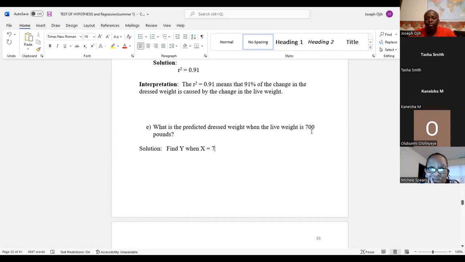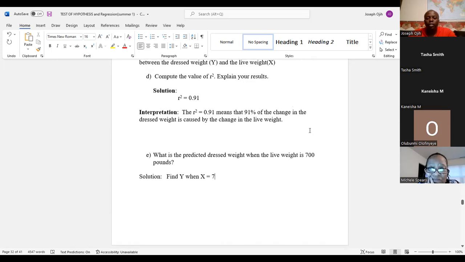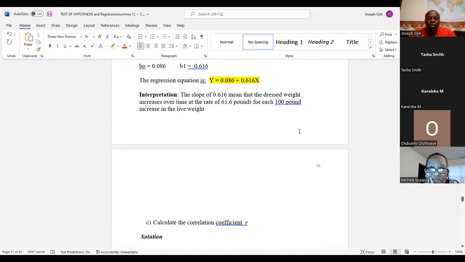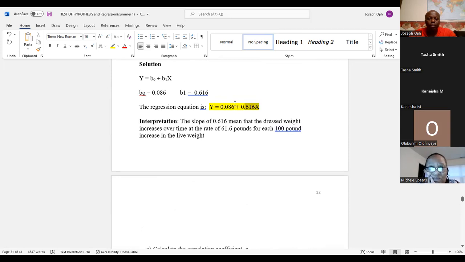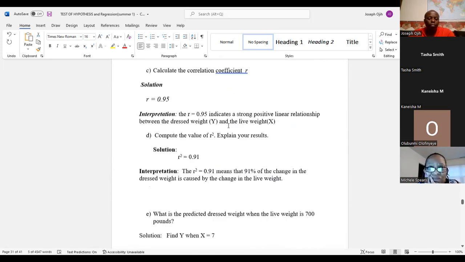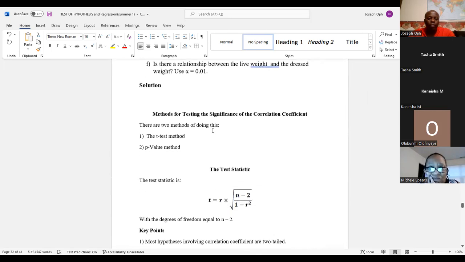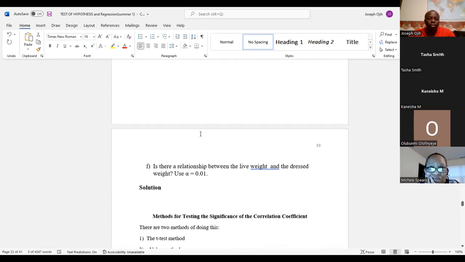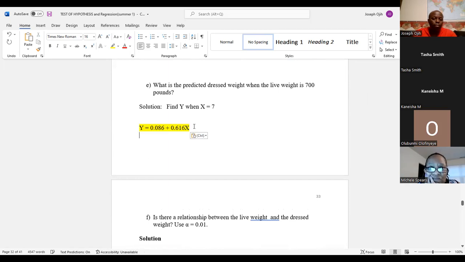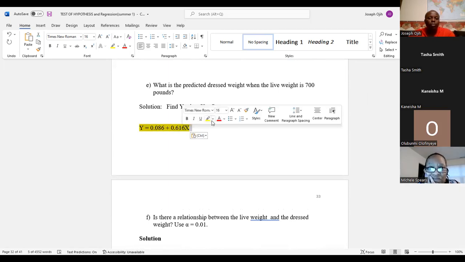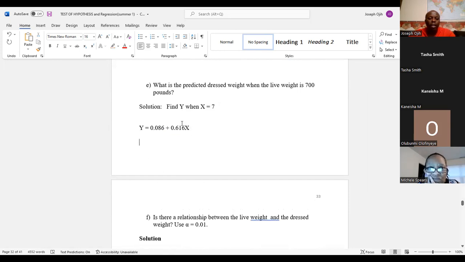To do that, you're going to use the regression equation, which is this one here. That's what you're going to use to find it. All you have to do now is plug in your value for x.